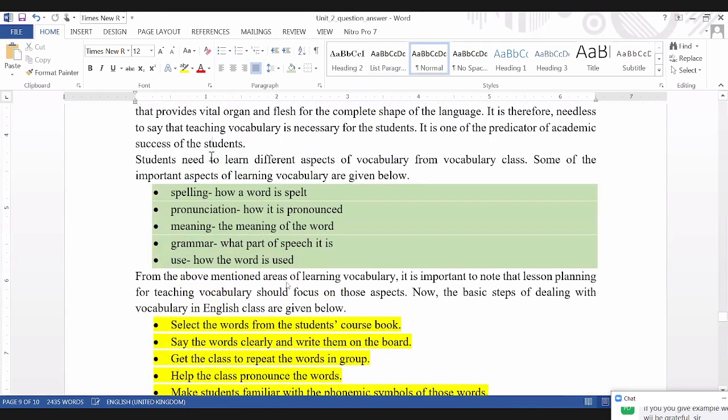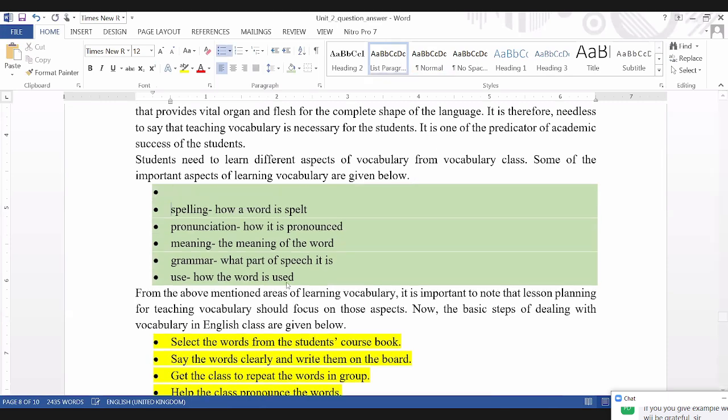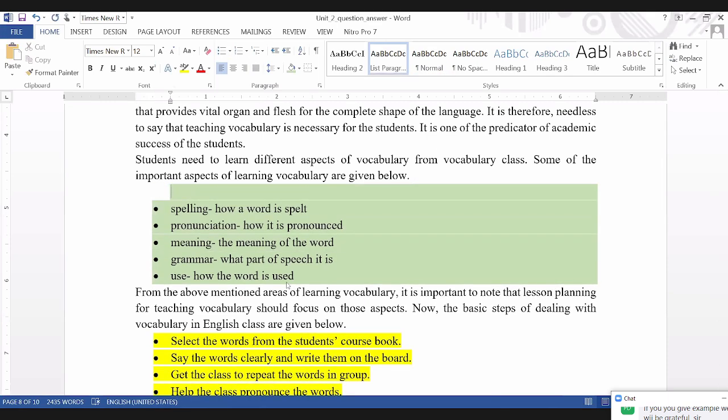What are the areas of knowledge of vocabulary? What are the knowledge areas of vocabulary? These are spelling, pronunciation, meaning, grammar, use.